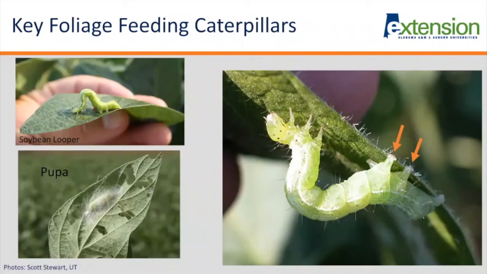This is a tropical pest that comes up every year and can really do a lot of damage in a short amount of time if larvae are left in the field untreated and build up to numbers to do damage. Soybean loopers are going to have 2 prolegs. There is another looper called a cabbage looper, which is really difficult to identify in the field.